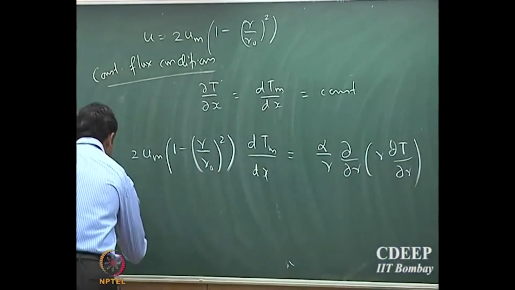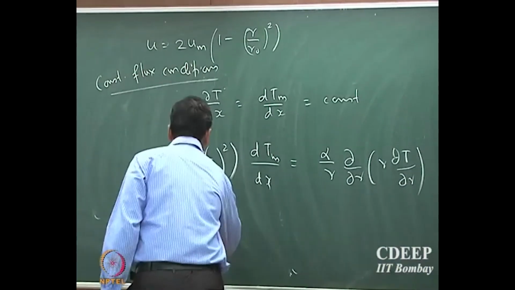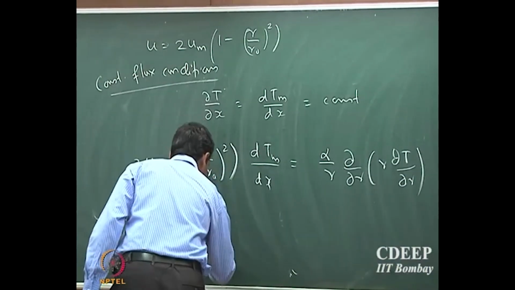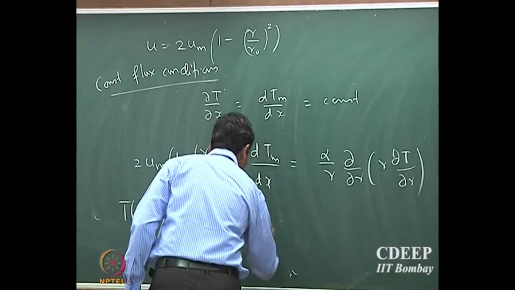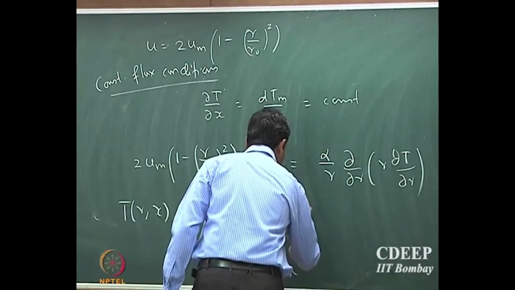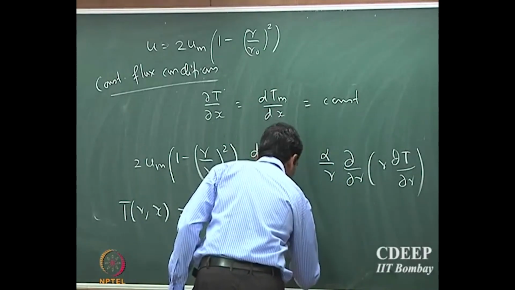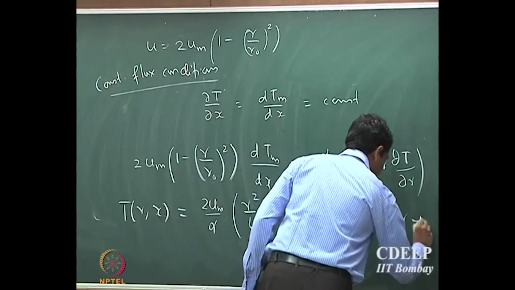T of r comma x will be 2 um by alpha multiplied by r square by 4 minus r power 4 by 16 r naught square, plus C1 ln r plus C2.